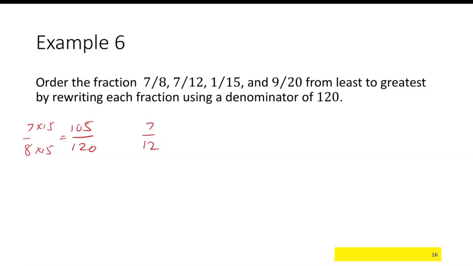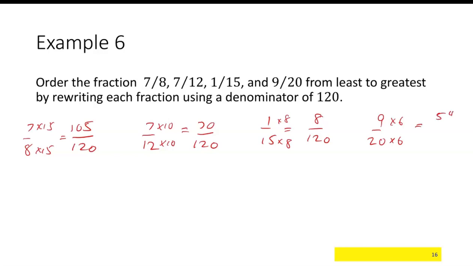For 7/12, I would have to multiply the top and bottom by 10 to get to the denominator of 120. So that's going to be 70 over 120. For 1/15, I would multiply the top and bottom by 8. So I get 8 over 120. And for 9 over 20, 20 times 6 is 120, so I'd multiply the top and bottom by 6. I get 54 over 120.